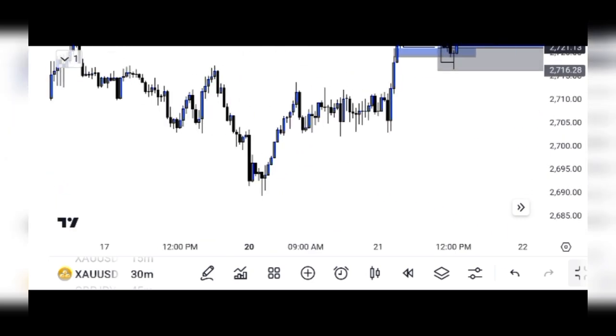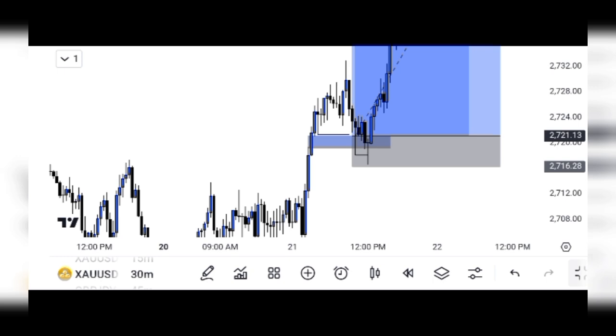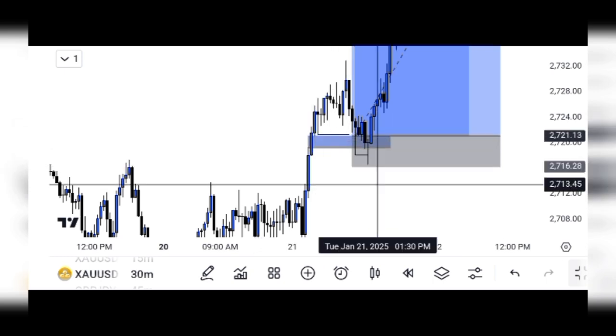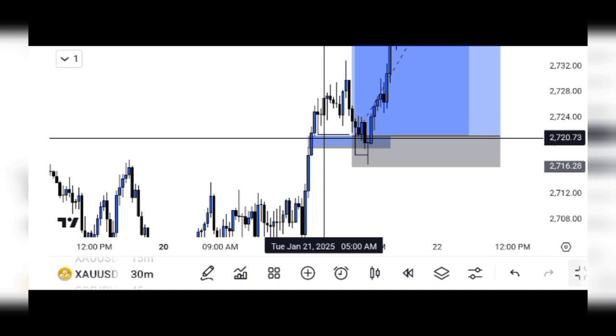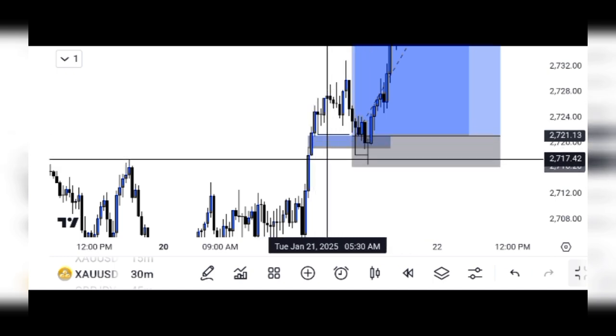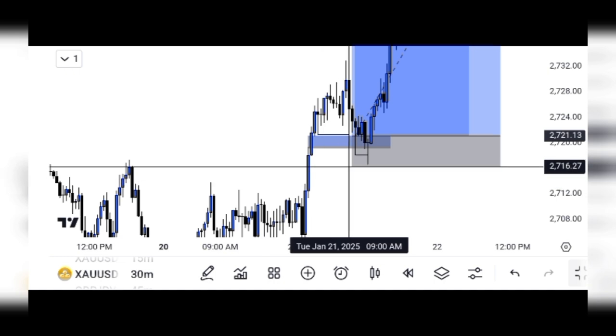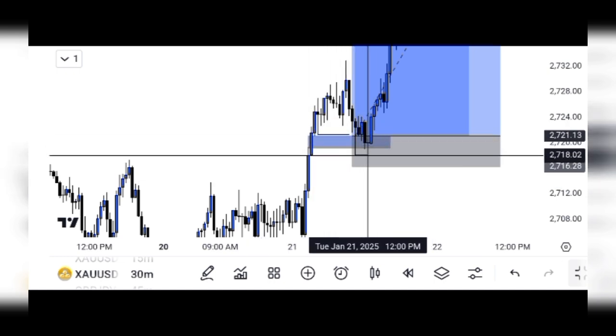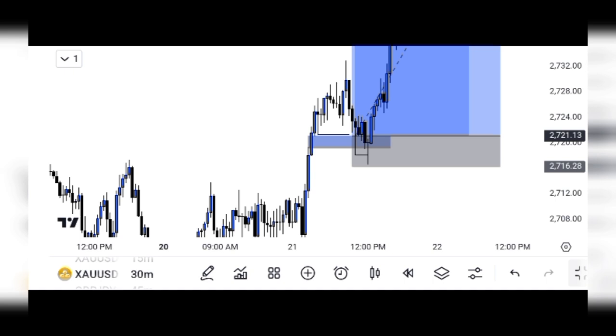Price continues going up. The same thing also happens here. I have this liquidity. Although I made this entry, I made use of the fair value gap up here instead of the fair value gap down here. You can see how price challenged my stop loss before going in my direction.